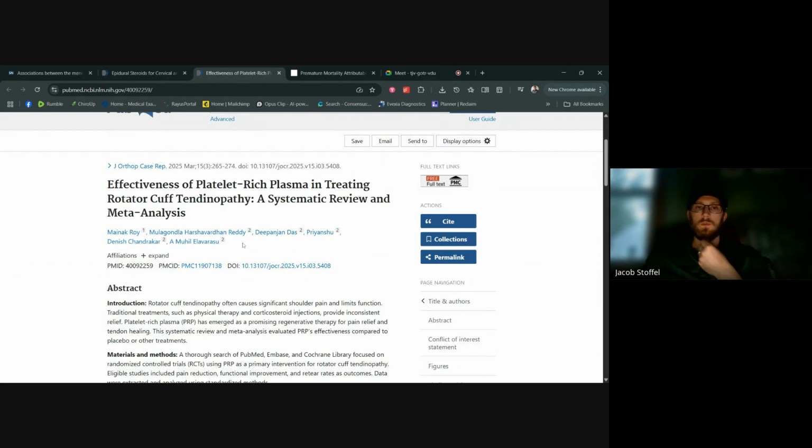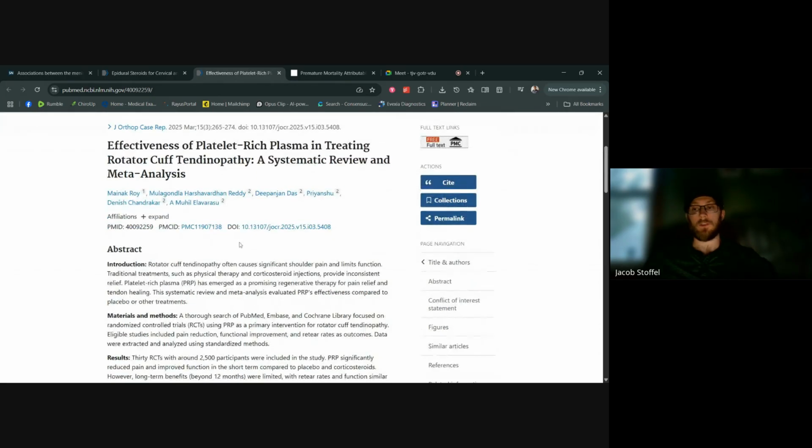So it's really cool to see that, at least in the short term, it's an option for pain. And I believe, in my opinion, that reduction in pain will improve short-term function. But if nothing else is done, same re-tear rates, etc., it doesn't matter. It's not a magic pill. So just like epidural steroid injections.